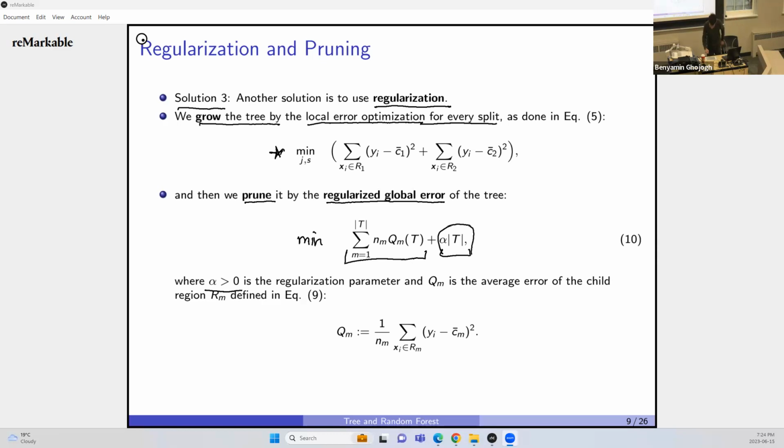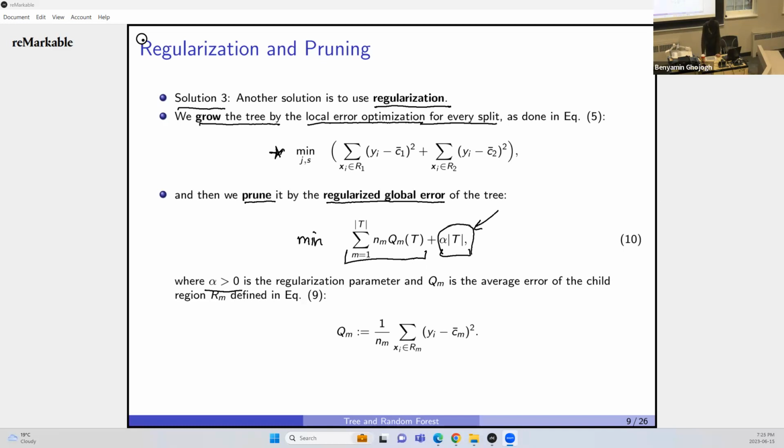What's the reason or rationale for this regularization term? It's because we don't want to have too many children. Otherwise, we'll overfit. It's a penalty on the number of children. Therefore, it's a penalty on the overfitting, right?